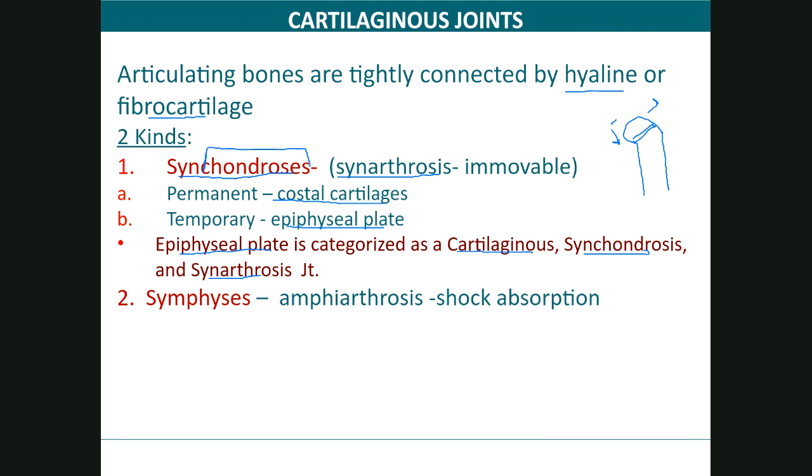It should not move. A second type of cartilaginous joint is symphysis. Symphyses are amphiarthritic joints. They're amphiarthrosis, meaning slightly movable. Their purpose is for shock absorption. And we'll look at what these two look like.